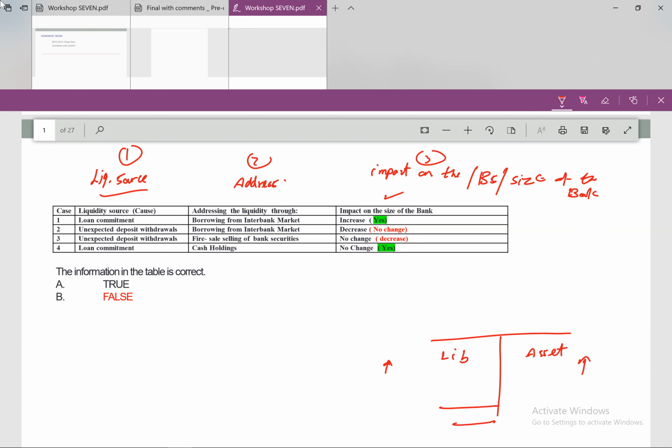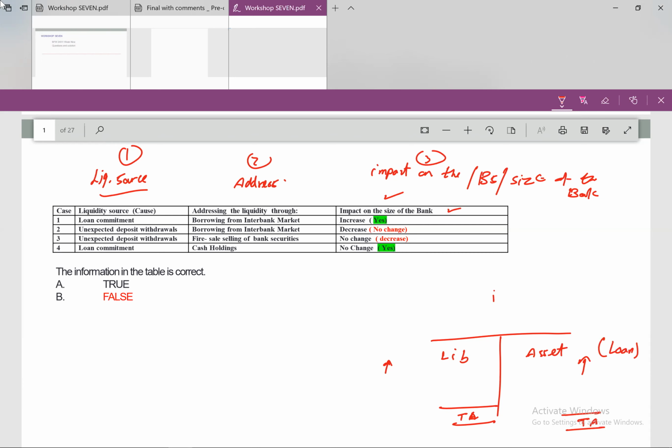So finally, the total assets and the total liabilities will be increased. This will be increased by the loan, and the loan is funded by a new liability which we borrow. So the size of the bank will increase. And number 1 is right.